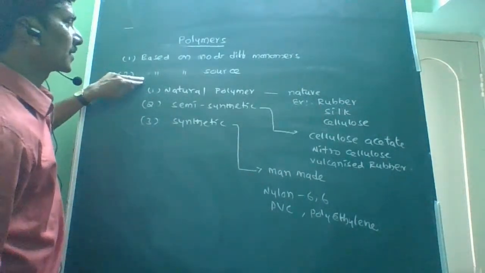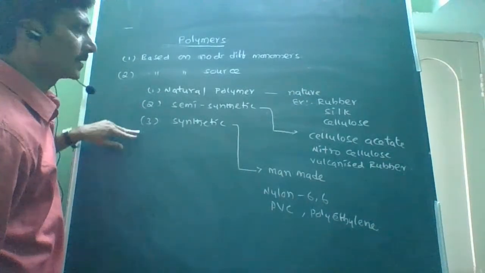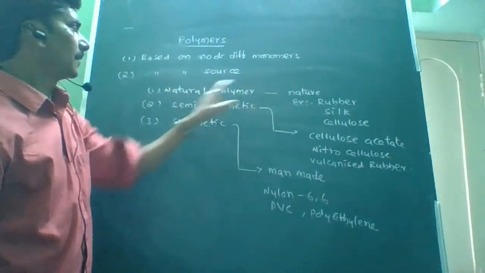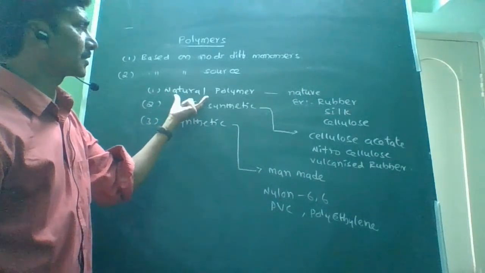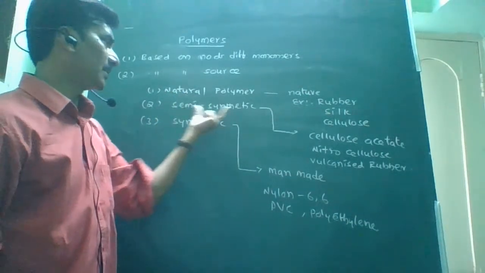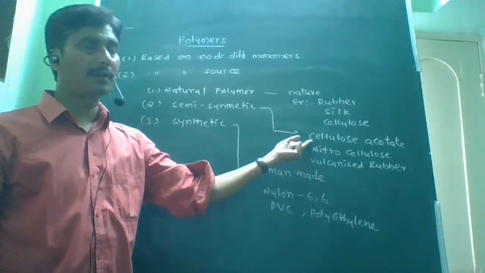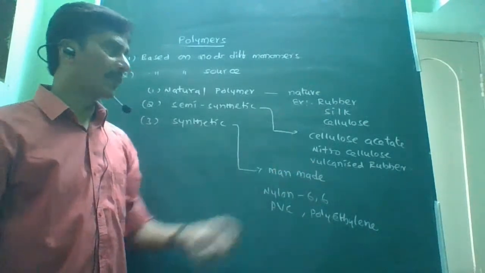So based on source, there are three: natural polymers, semi-synthetic and synthetic. Natural polymers are present in nature. Some chemical modification in the natural polymers forms semi-synthetic: cellulose acetate, that is called rayon, nitrocellulose gun cotton, vulcanized rubber.